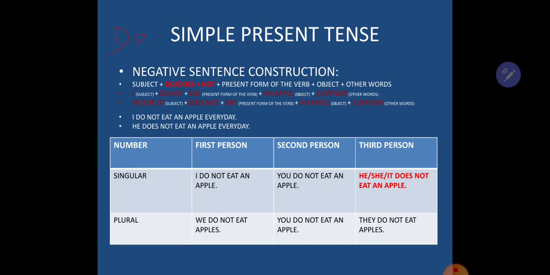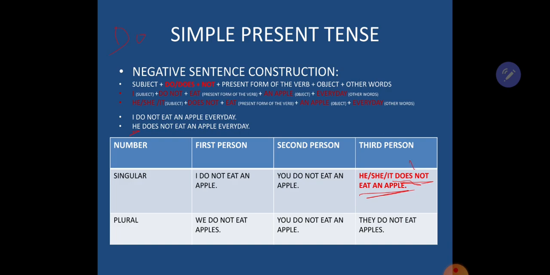I do not eat an apple every day. But if it is the third person singular, it will take does. He, she, it, or any singular name, for example Ram. If it is singular, then does not eat an apple.